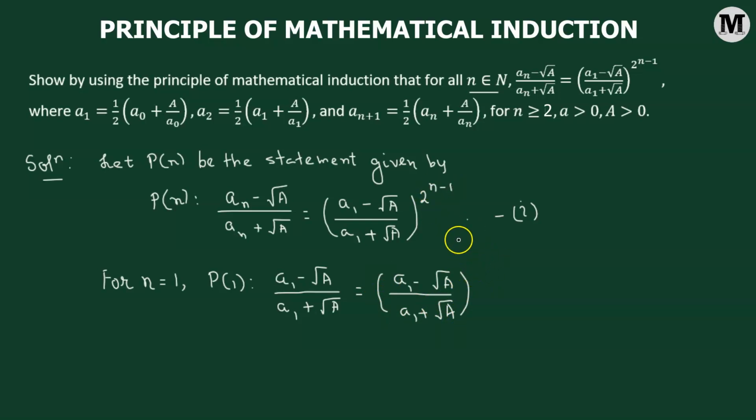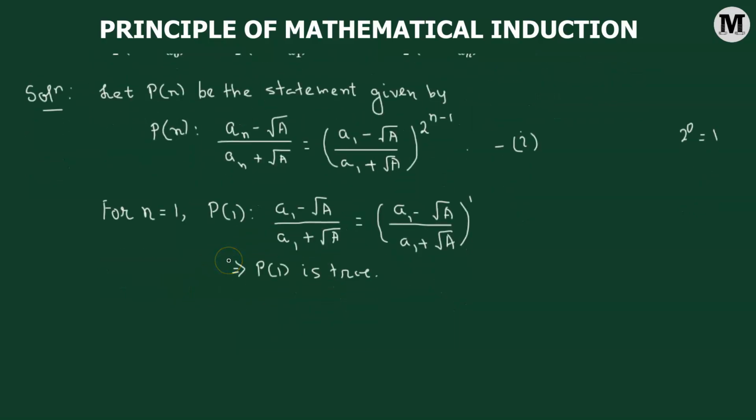That's simply 0. So 2 raised to the power of 0, we know that equals 1. Clearly we observe that the left hand side equals the right hand side. So the statement P of 1 is a true statement. Fine. So we have verified that the statement P of n is true if we choose n equal to 1. We'll have to check if it is true for other natural numbers as well.